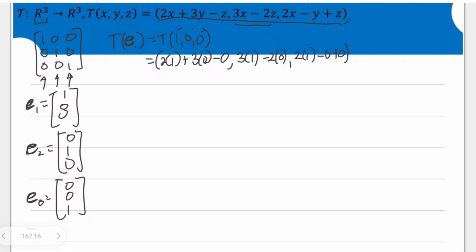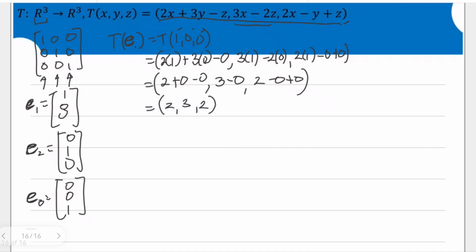So next, you will have 2 plus 0 minus 0, 3 minus 0, 2 minus 0 plus 0. So the result for the first is 2, 3, and 2, or you could rewrite this as a column: 2, 3, and then 2.